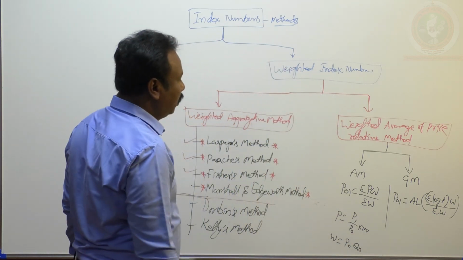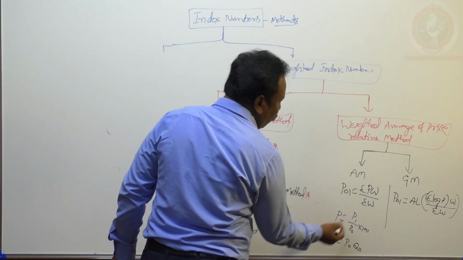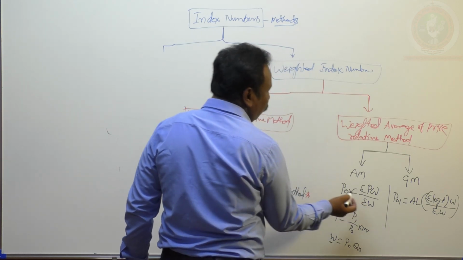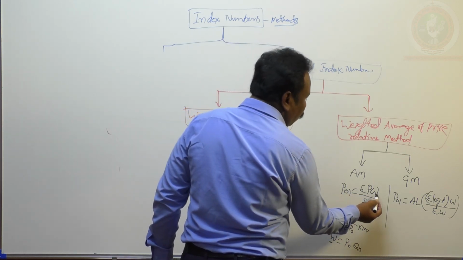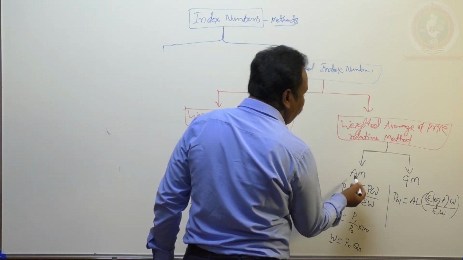So, with the summation of weights and the summation of P into weights, we get the arithmetic mean of index number.